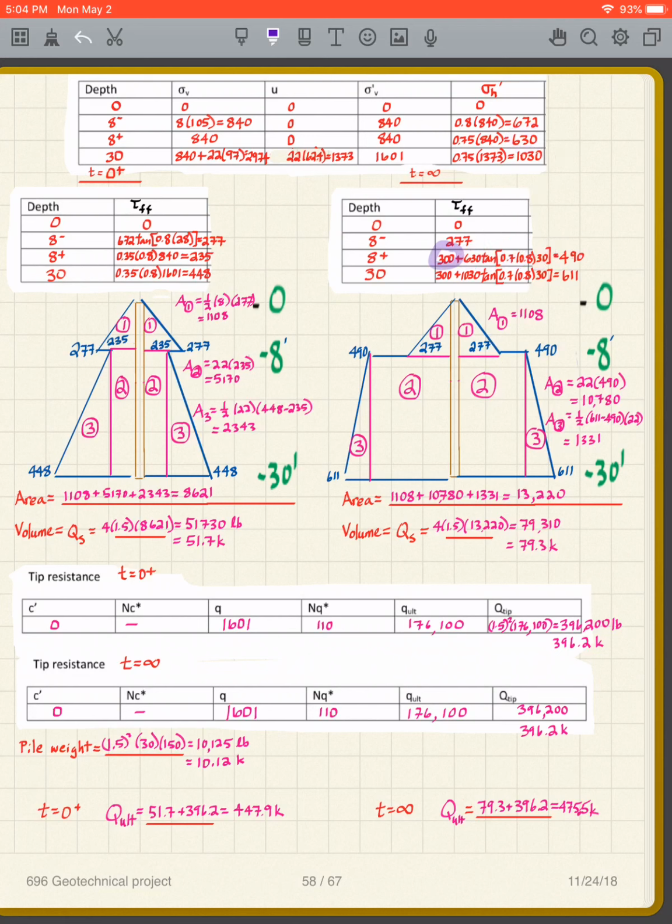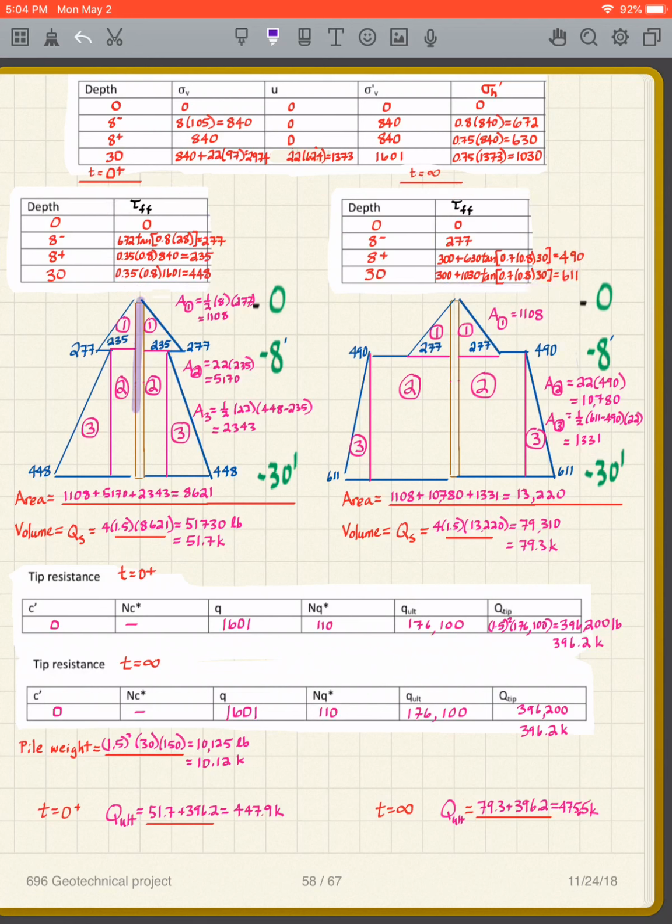And for this one, it's going to be 300 plus the 1030 times the tangent of 0.7 times 0.8 times 30 degrees, which gives me 611. So I get all the tau FFs here for t equals 0 plus and t equals infinity. I'm now going to plot them.